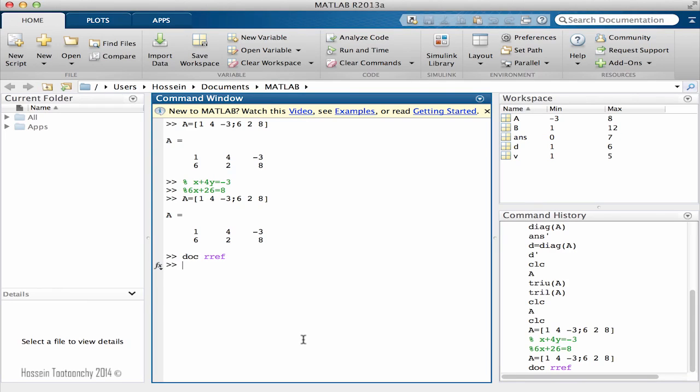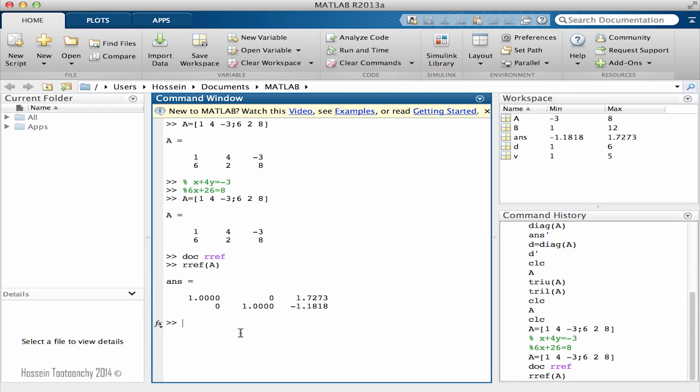So with that, I can type RREF and pass the matrix that we were working on into that function. And look what happens. If I do that, you see that MATLAB just solves the equation for you. There is a 2 by 2 matrix here.